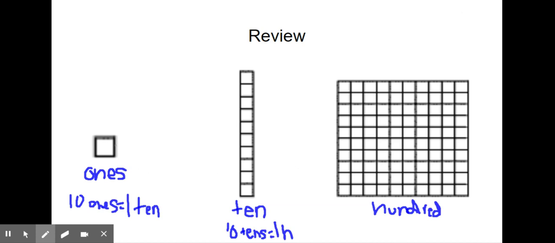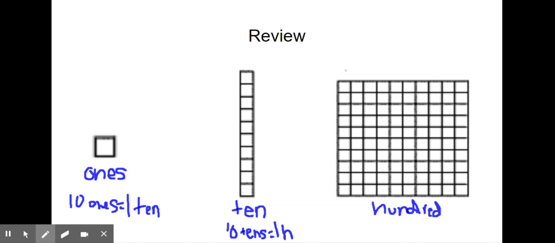So now I want to think. I'm looking at my ones. I'm looking at my 100. I'm trying to remember how many ones are in 100. I know there are 10 ones in 10, 10 tens in 100. I don't want to count each of these little squares, each of these ones. That's not very efficient.